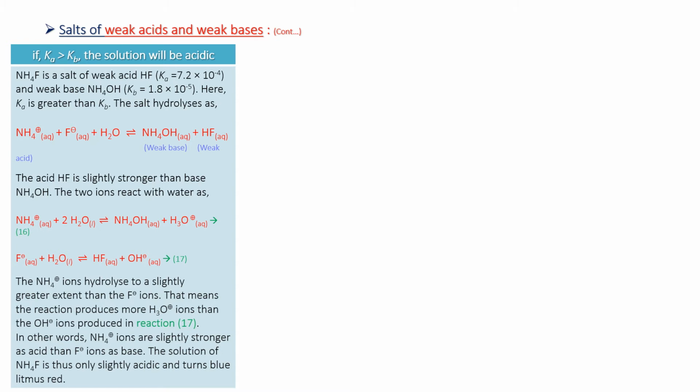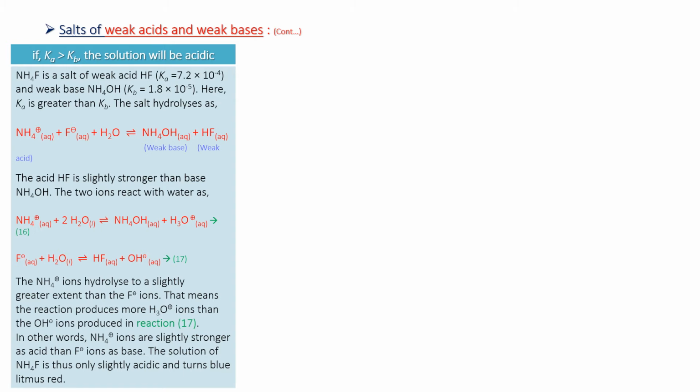So in this case, NH4F is thus only slightly acidic and turns your blue litmus into red. NH4 is hydrolyzed to a greater extent than your F minus ion.